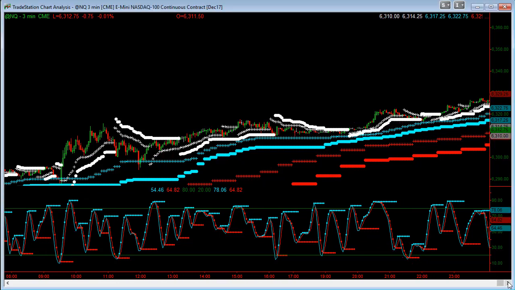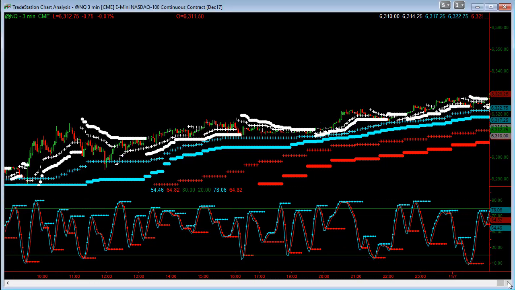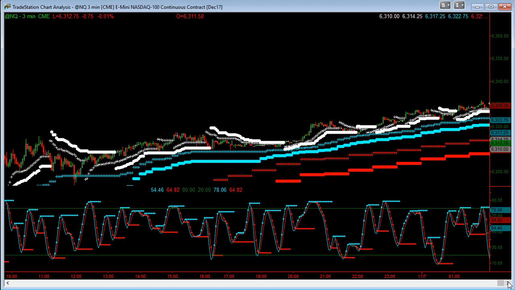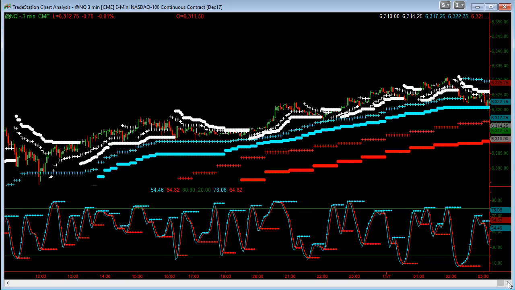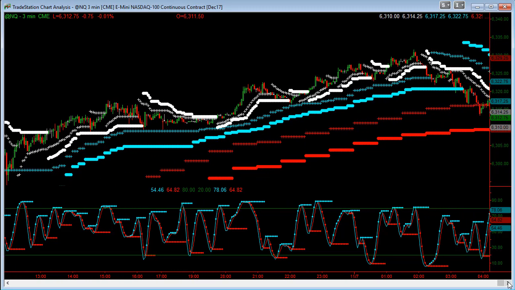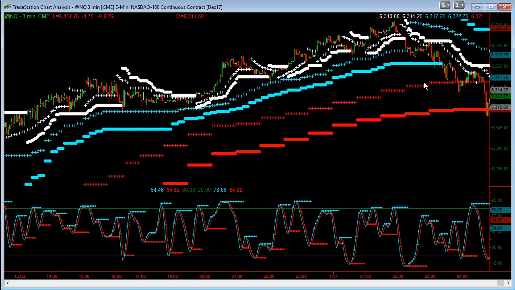Now, as we move further into the London session, you can see you got some additional entries, but then do you see how the blue goes above price? That means that they're aligning with the blue and the white. So in this case, remember, you have to have two in your favor.